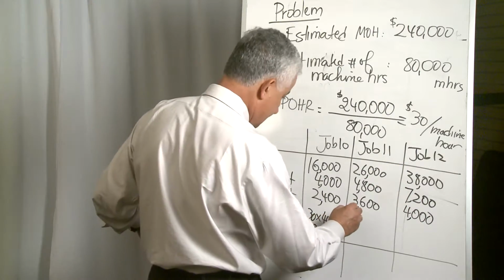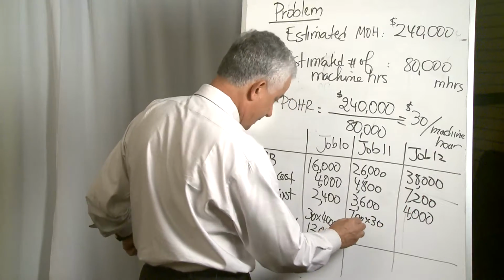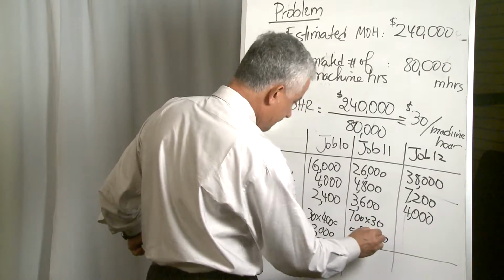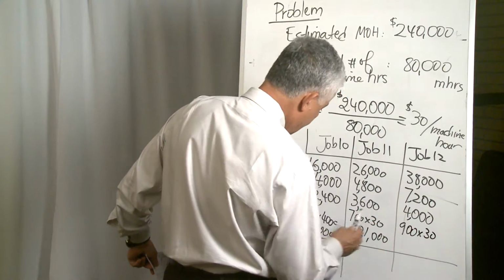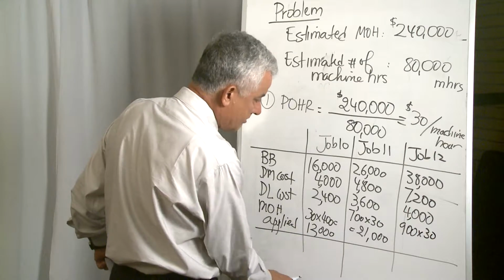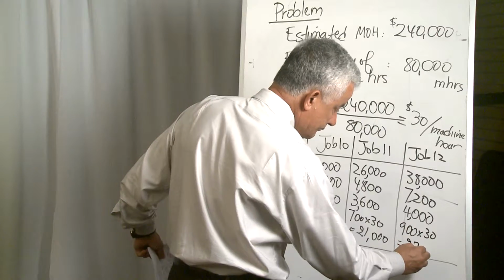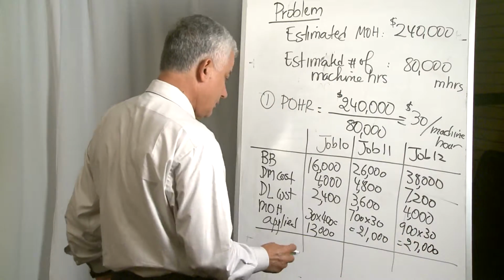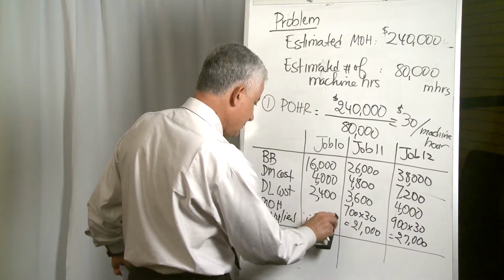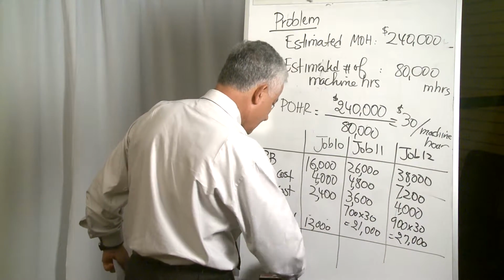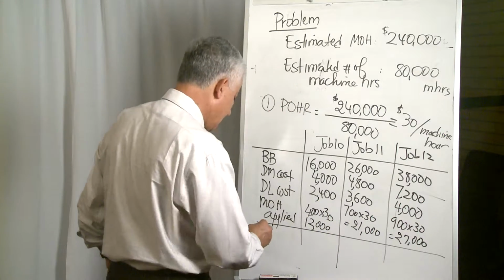That gives us 700 times 30, which is 21,000 here, and then 900 times 30, which is 27,000.